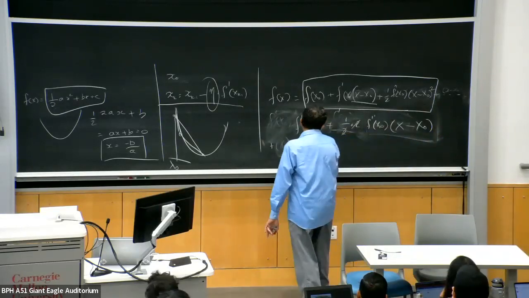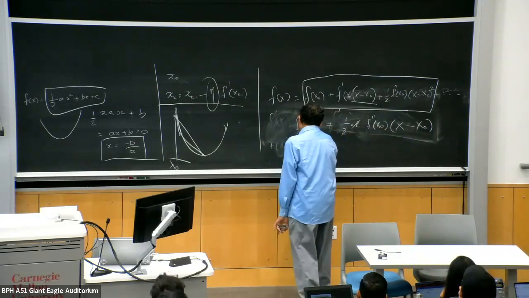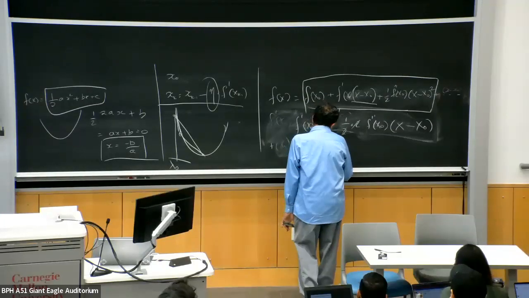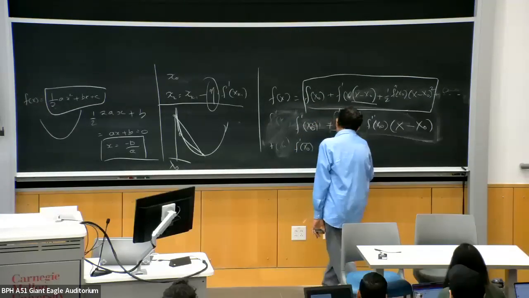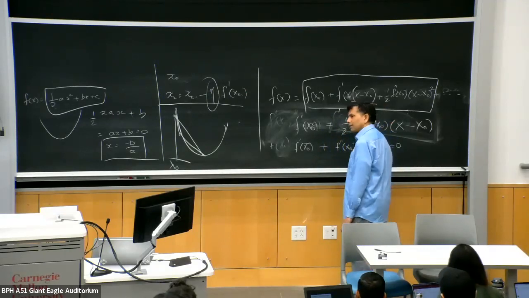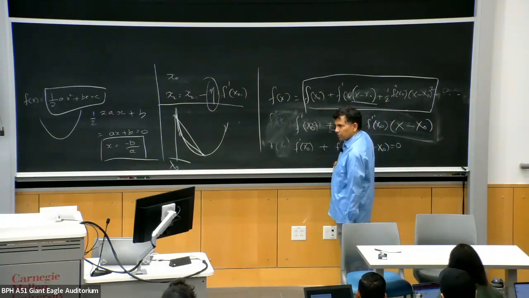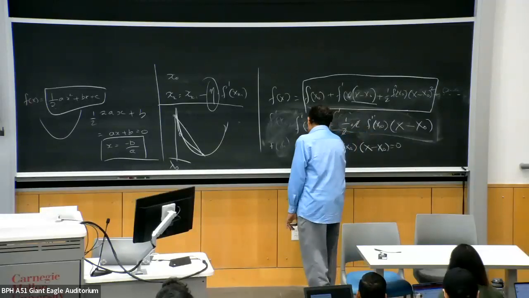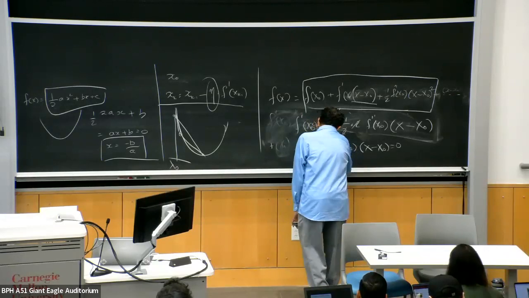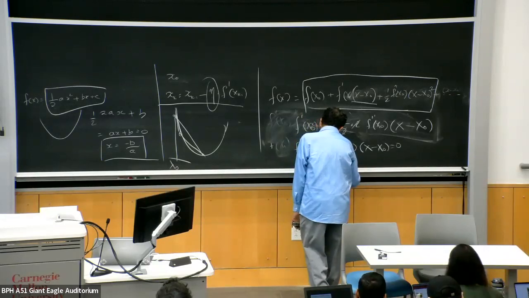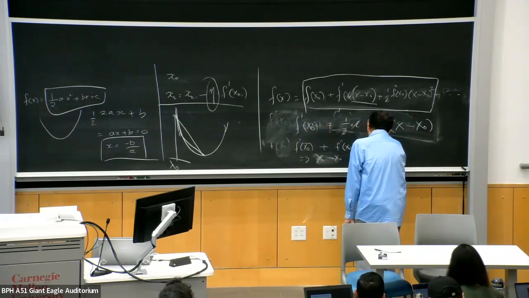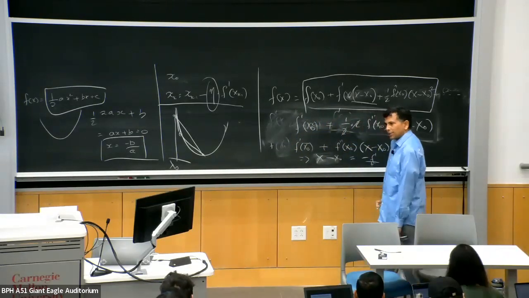In other words, f prime of x0 plus f double prime of x0 times (x minus x0) equals 0. Everybody with me? So I can say x minus x0 equals minus f prime over f double prime, computed at x0.